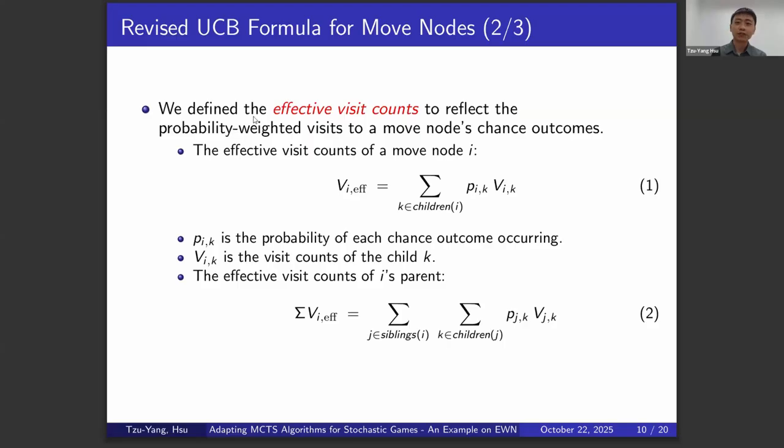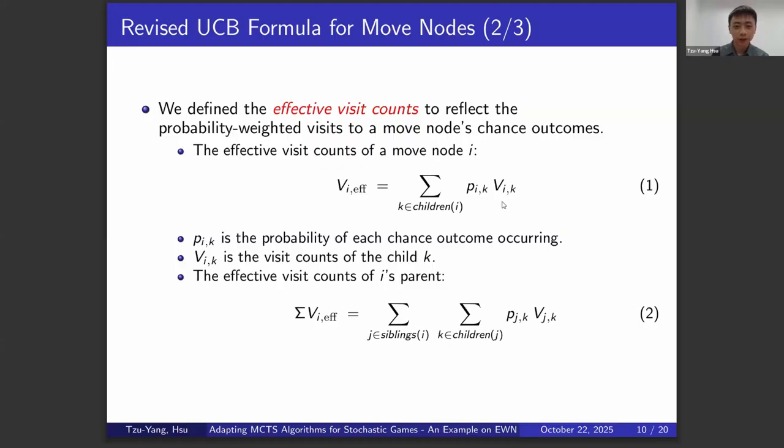Accordingly, we define the effective visit count to reflect the probability weighted visits to a move node's chance outcomes. Equation 1 shows the calculation of the effective visit count of move node i.